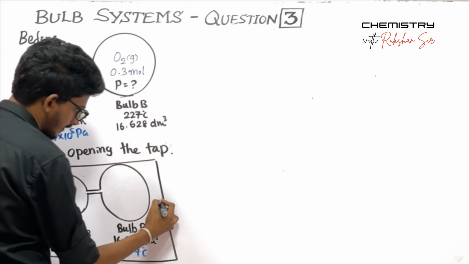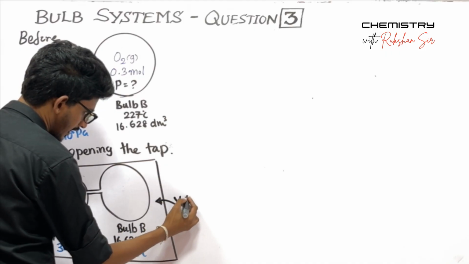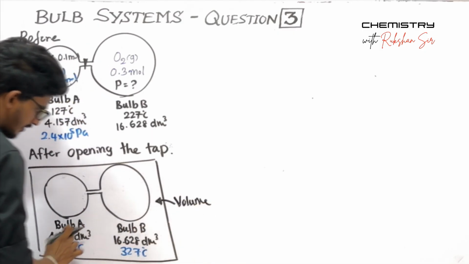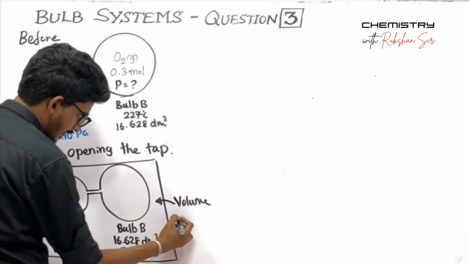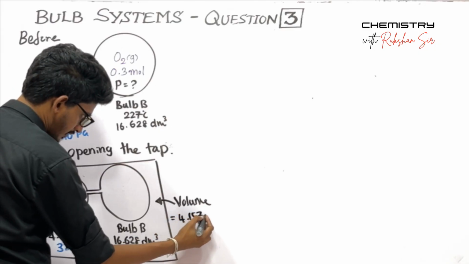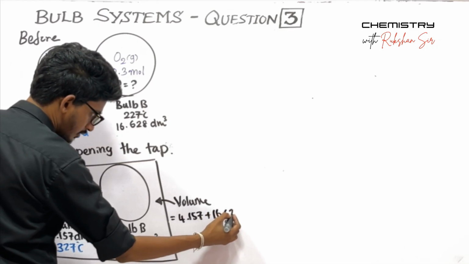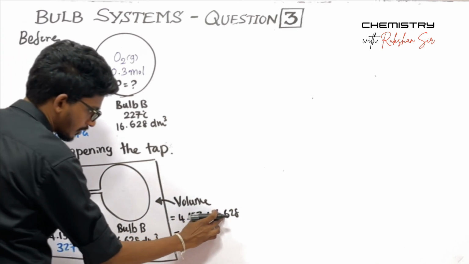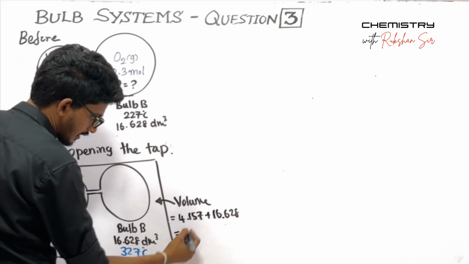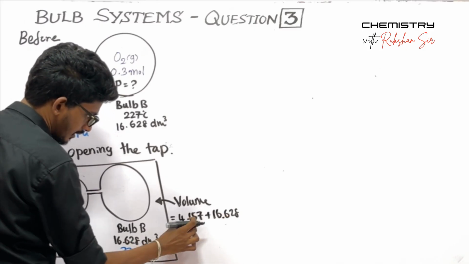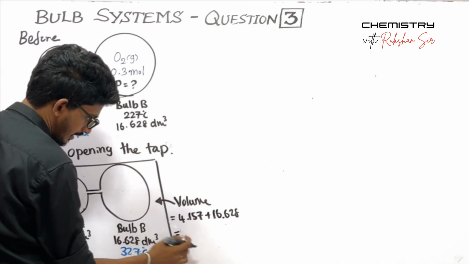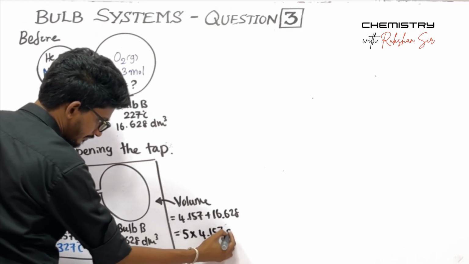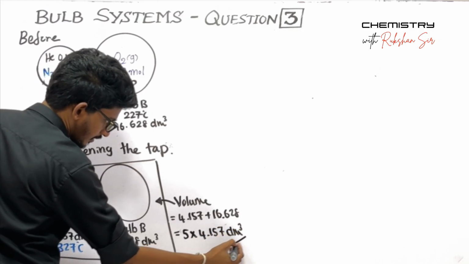You can take the whole, and volume can be taken as the summation of these two, 4.157 plus 16.628. If you simplify this, it is 4 times 4.157 plus 4.157, so that is 5 times 4.157.